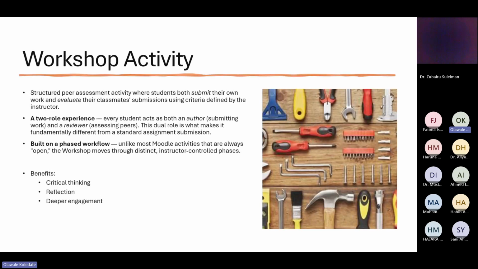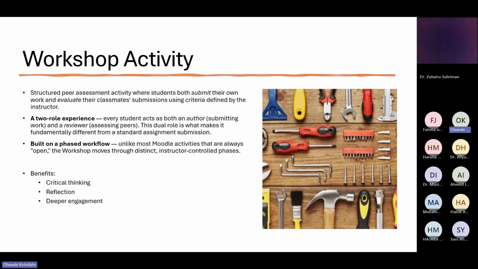And in one of the ways of application is by deploying workshop activity. When we talk about workshop activity, we talk about the structured peer assessment activity where students both submit their own work and evaluate their classmates' submissions using the criteria defined by the instructor, using the rubric set by the instructor.